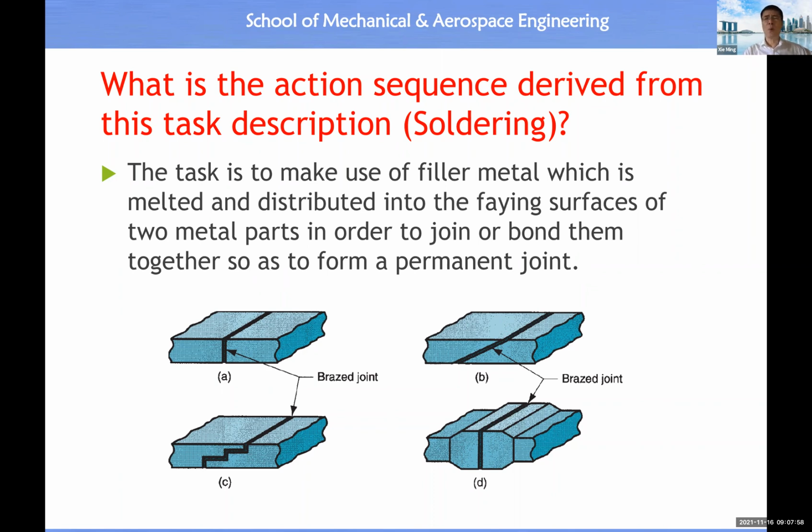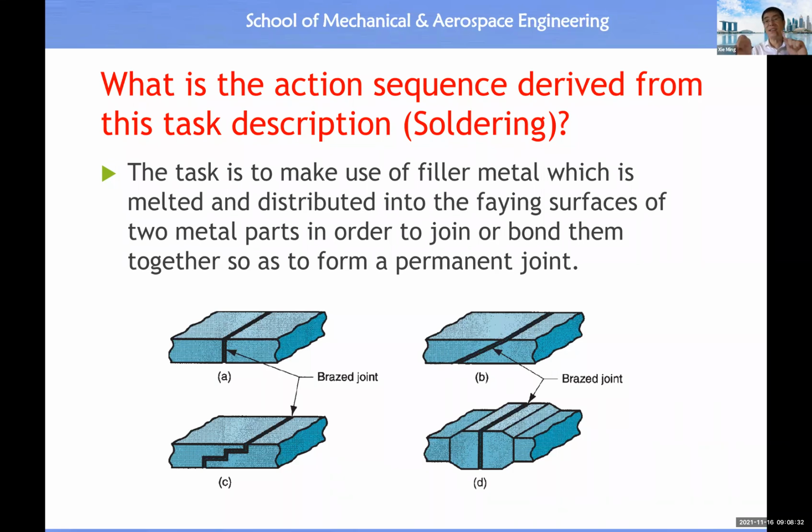So this is like soldering, but what is the difference between welding and soldering? For welding, we need to join two metals together, and these two metals may eventually be subject to heavy external payload and strong external force. For soldering, the process is also to join two components or two metals together, but normally these two components will not be subject to heavy external payload or strong external force.